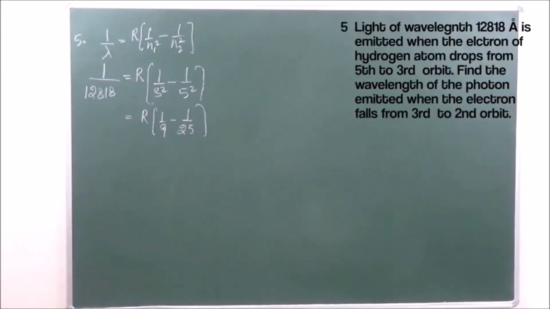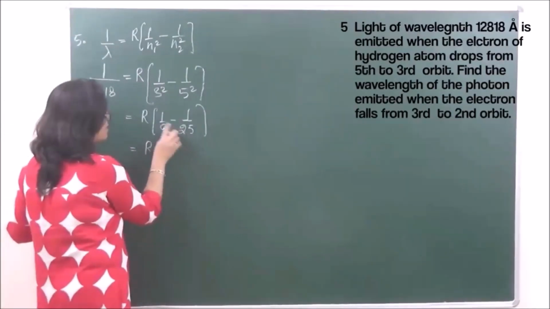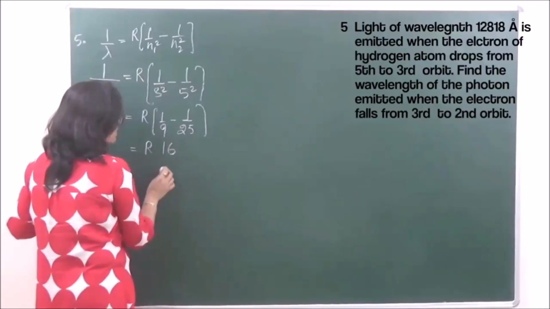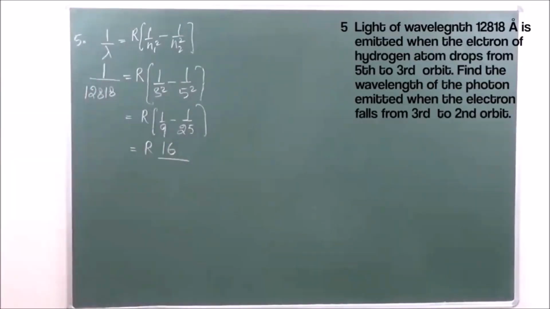When calculated, it comes to 16R upon 9 into 25. That is what we are going to get over here.